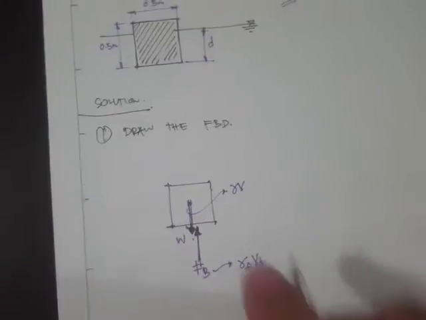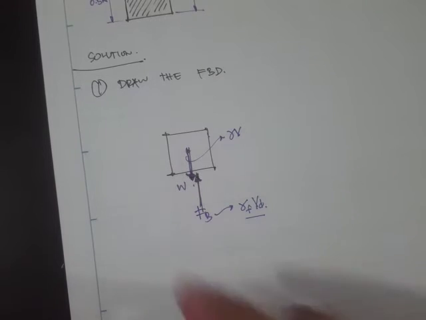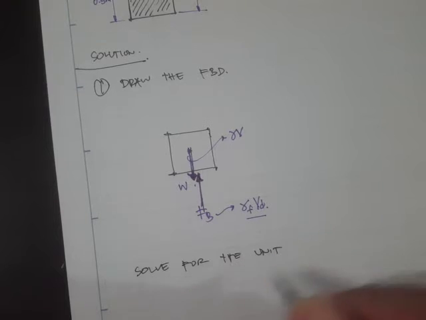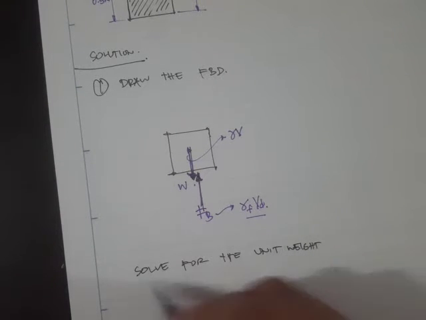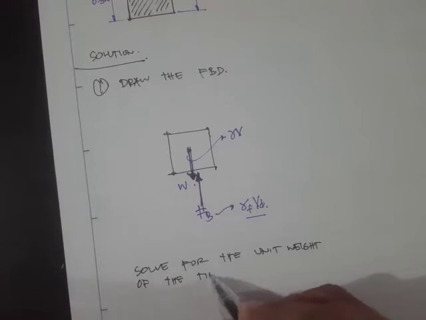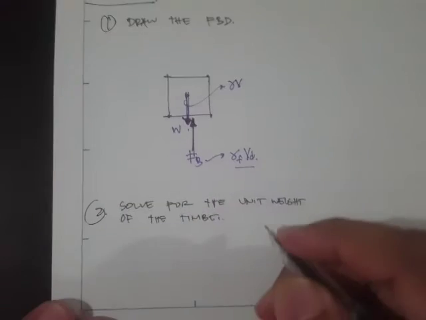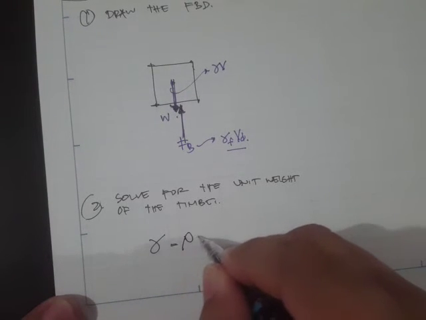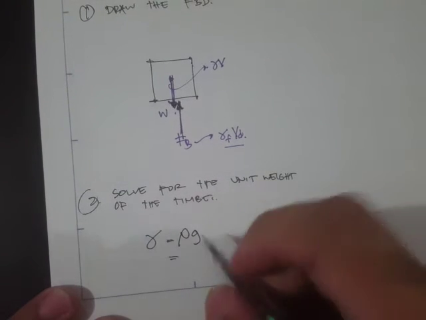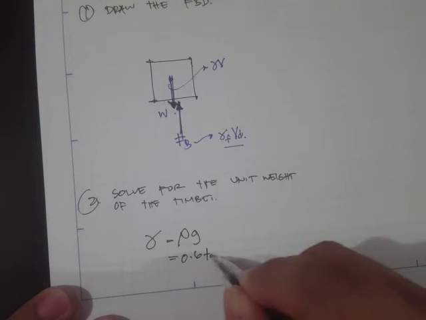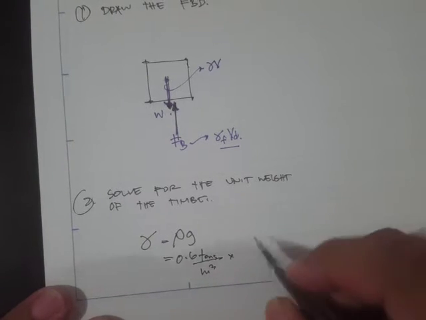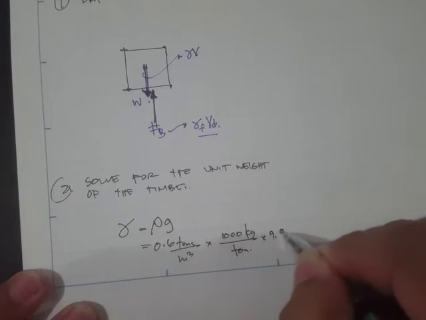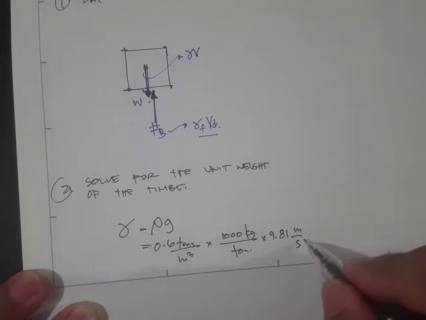Since we have the mass density, we can actually solve for the unit weight of the timber. The unit weight is equal to the mass density times the gravitational acceleration. We have here 0.6 tons per meter cube, and that ton is equal to 1000 kg per ton, times 9.81 meters per second squared.